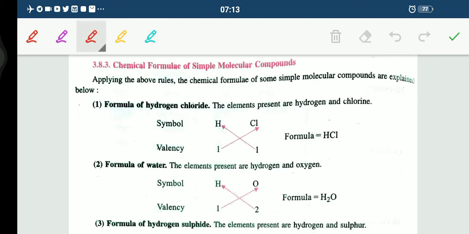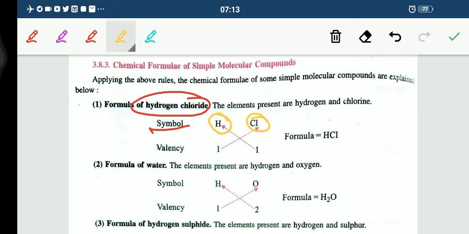They are asking for writing the chemical formula for hydrogen chloride, right? So first of all, the rule says that we need to write the symbols. Okay, fine. So we have written the symbols. For hydrogen it is H and for chlorine it is Cl. Simply write down the valency of hydrogen, that is 1, and chlorine, again 1.